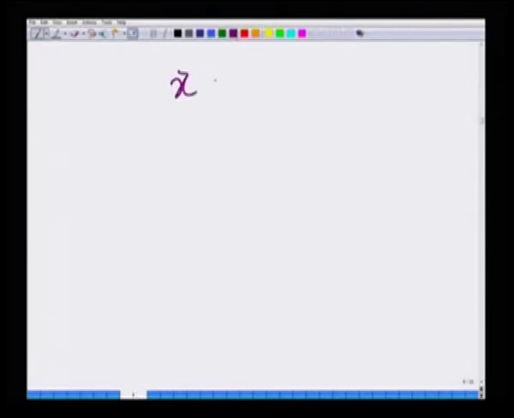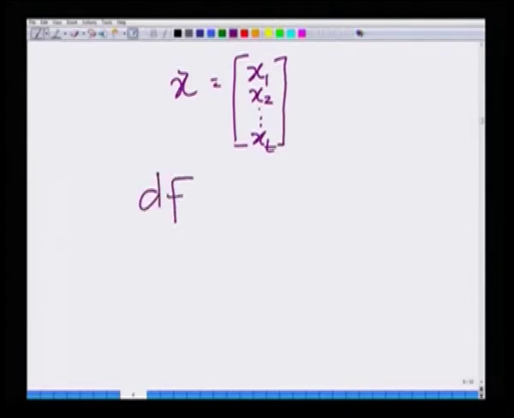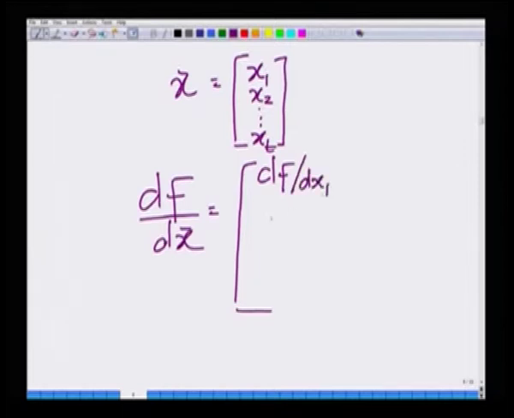Let us say we have a column vector x bar equals x1, x2 up to xt. Then the vector differentiation of df by dx bar is nothing but simply the vector df by dx1, df by dx2, so on up to df by dxt.